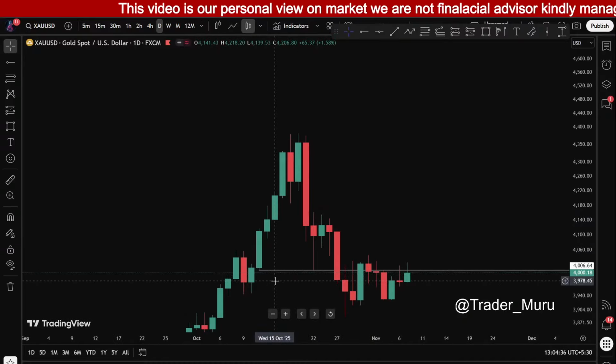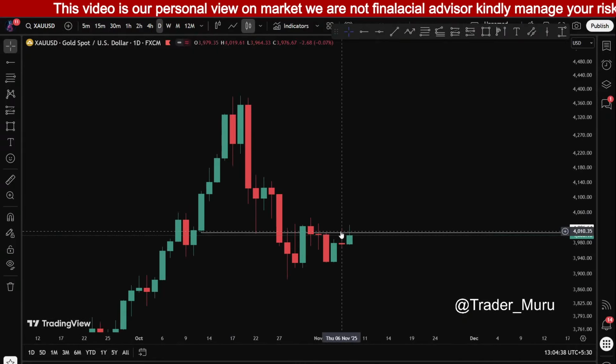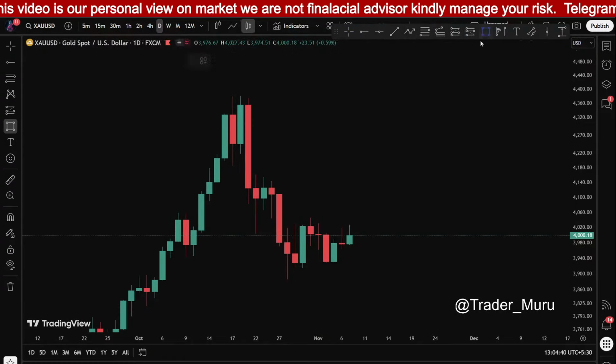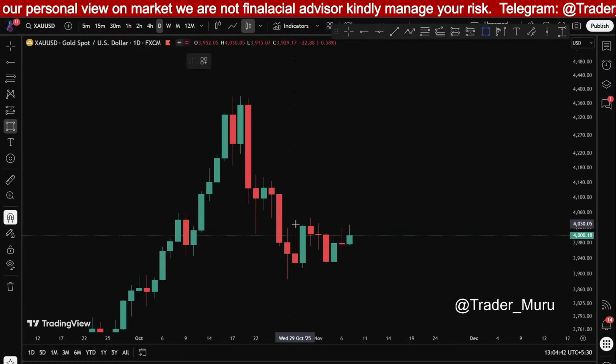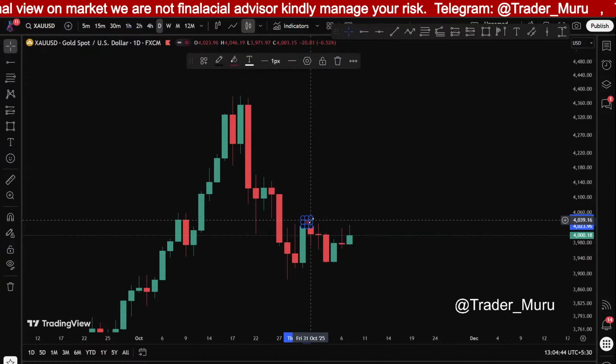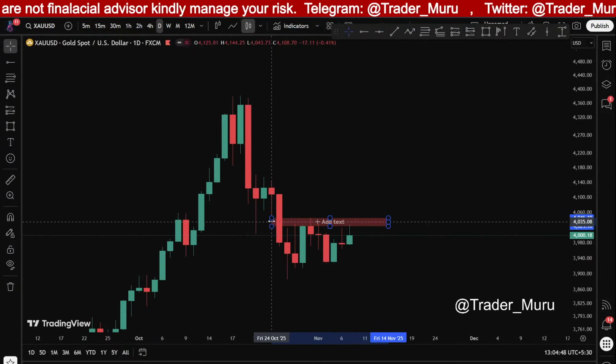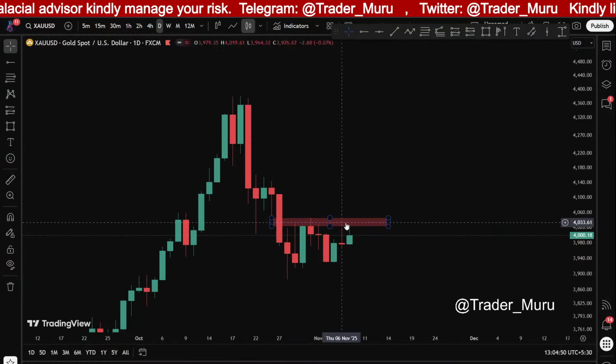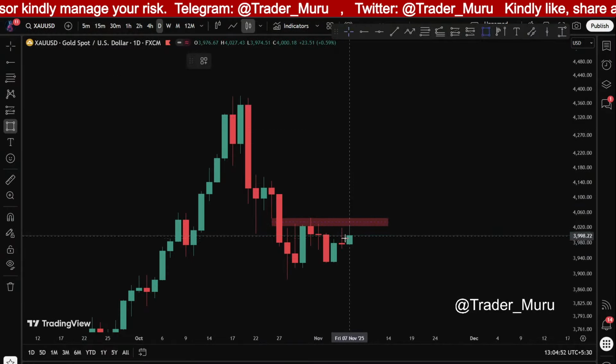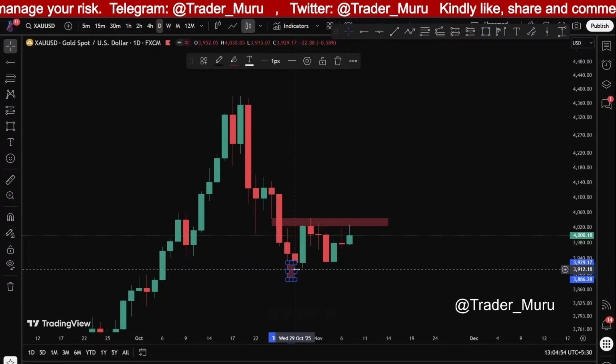So weekly it's slightly bearish right now, and gold is ranging in the 1 day time frame, and this is the range in which gold is right now, continuously ranging from this FVG to this bottom area here.